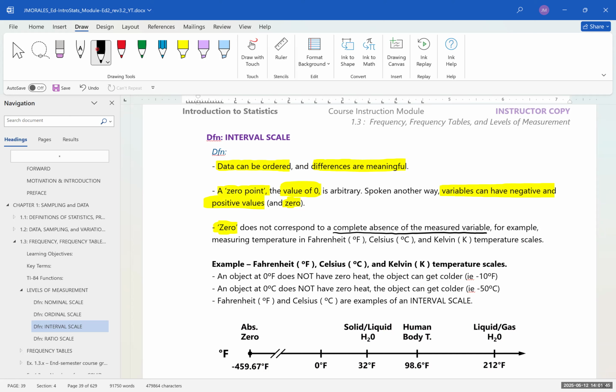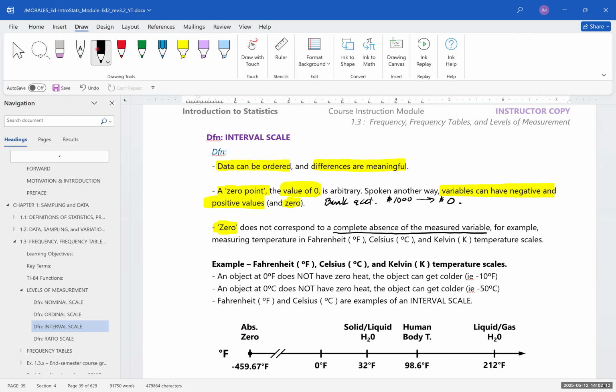So, for example, if you think of money in a bank account, let's say you've got $1,000 in it, it can only go down to $0.